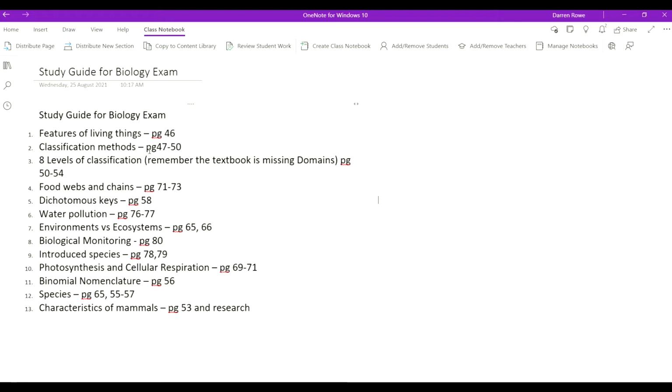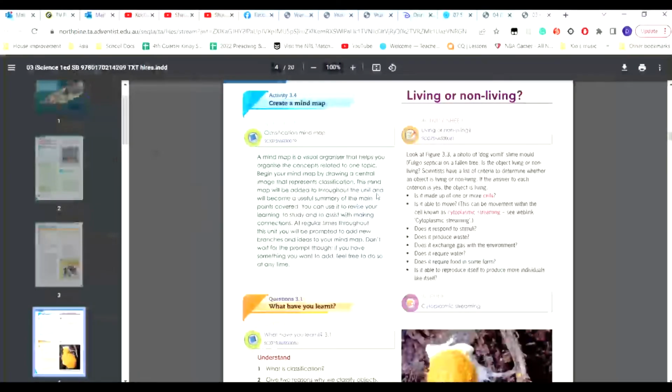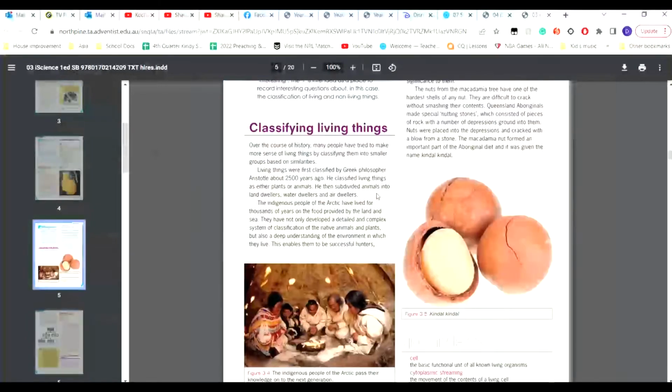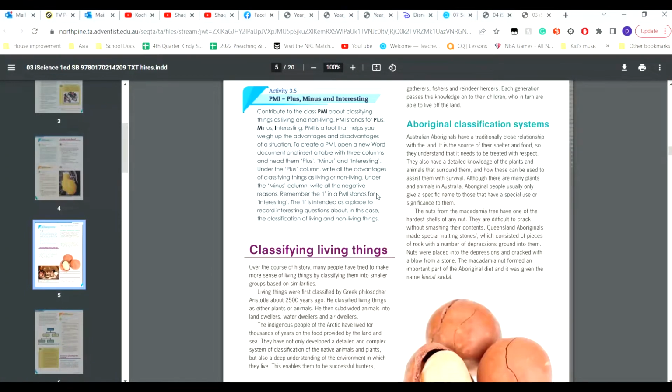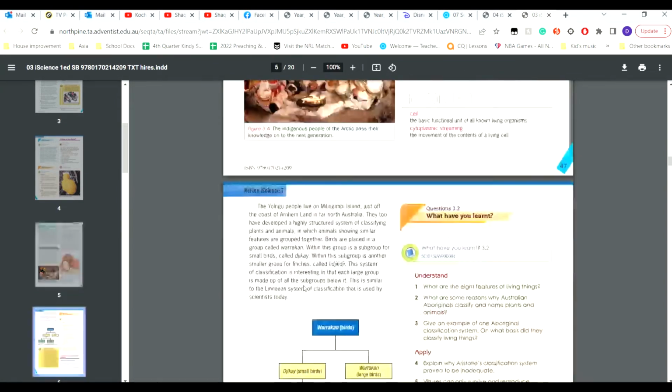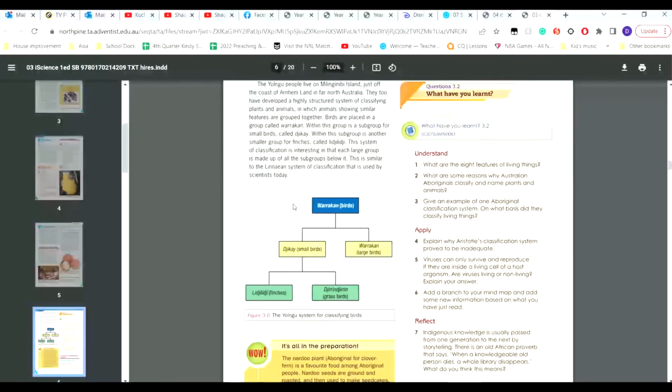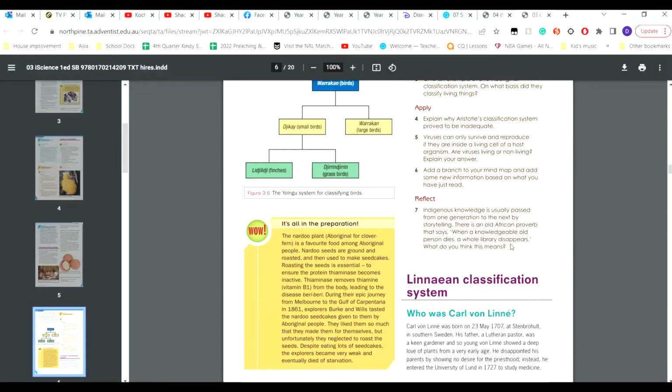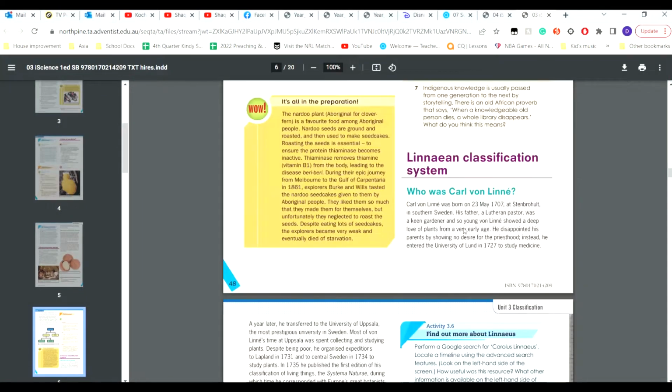Classification methods in pages 47 to 50. As you look through here, classifying living things. And this part really doesn't matter. This part doesn't really matter. This part is starting to get more important now, the Linnaean classification system.